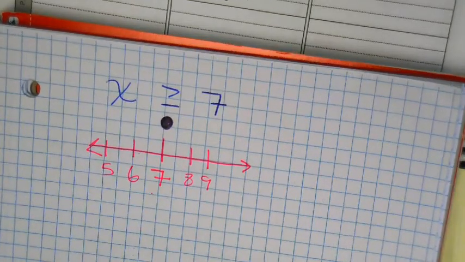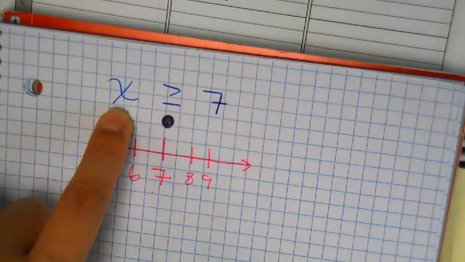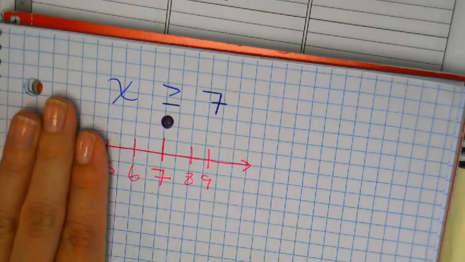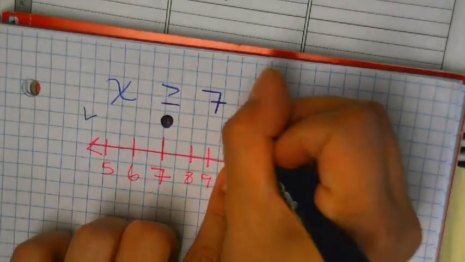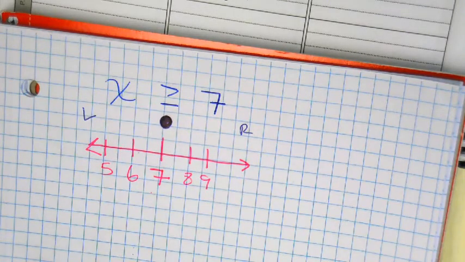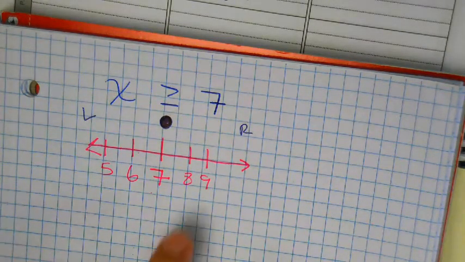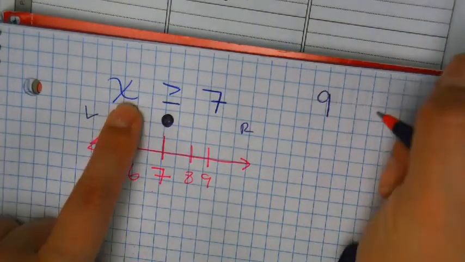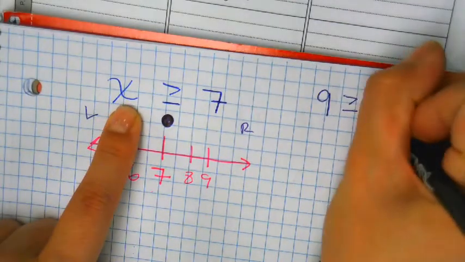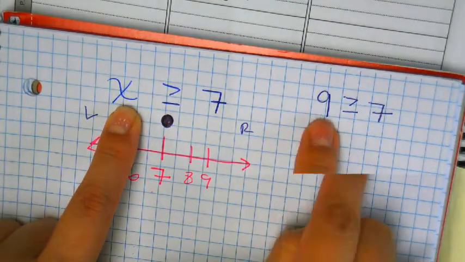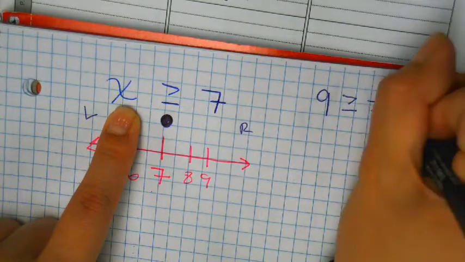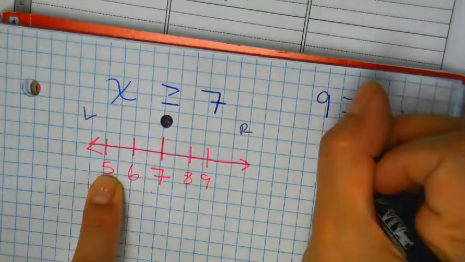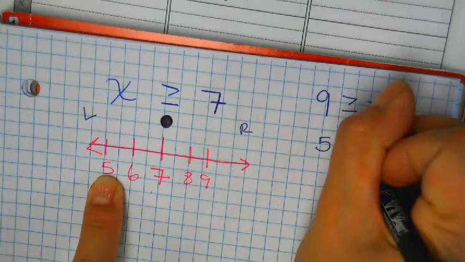Now, which numbers are greater than or equal to 7? On the left side, this is left side. On the right side, that's right side. How do I know? Pick a number on this side. I'm going to pick 9. If I were to pick 9 greater than or equal to 7, is the alligator eating the bigger number? Yes. If I were to choose one from this side, let's say I chose 5, is 5 greater than or equal to 7?